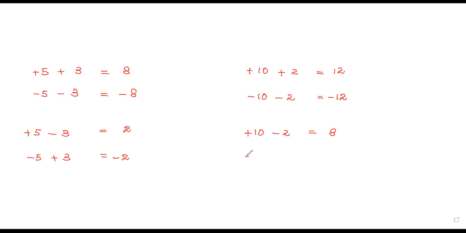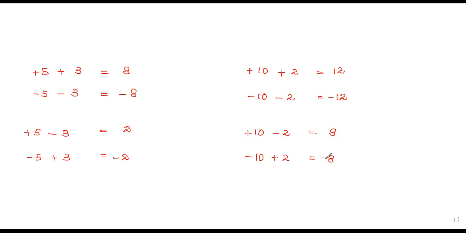Then if I give a question like this, -10, +2, again you have negative and positive. You have different signs. When you have different signs, what should you do? You want to get the difference of these numbers. 10 and 2, what is the difference? 8. And what will be the sign? Negative. Why?